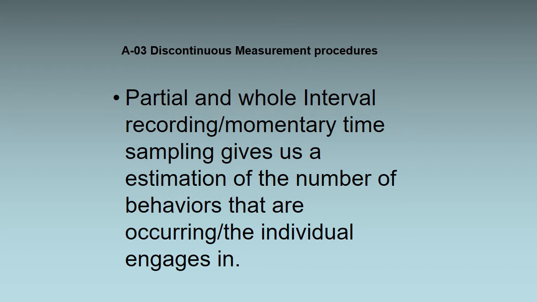Partial and whole interval recording and momentary time sampling give us an estimation of the number of behaviors that the individual engages in. These are nice because we don't have to record every single instance of a behavior, but we do have to have a little bit of setup, and we'll go over that here in a minute.